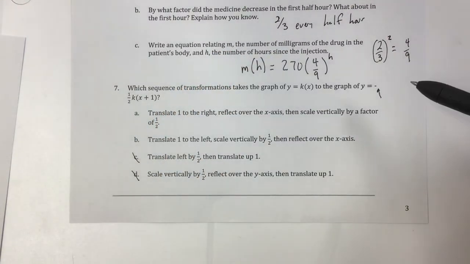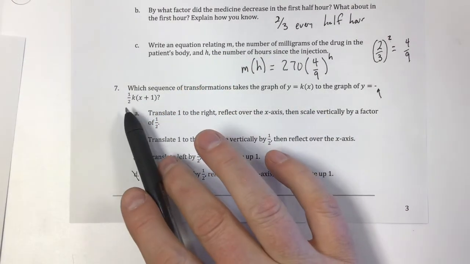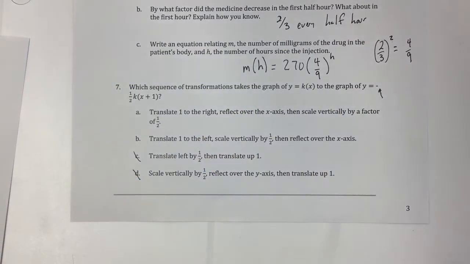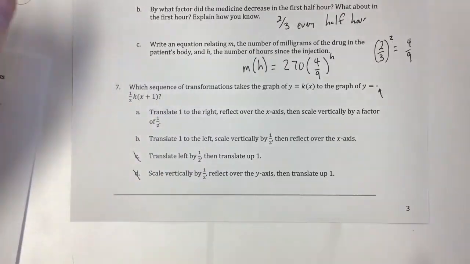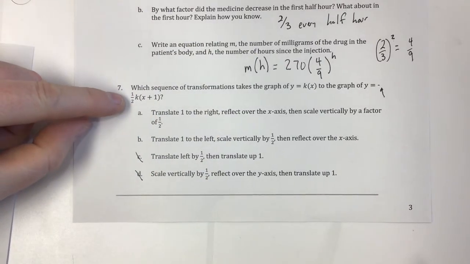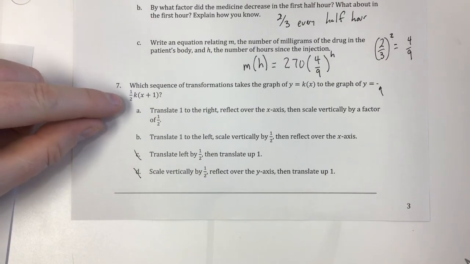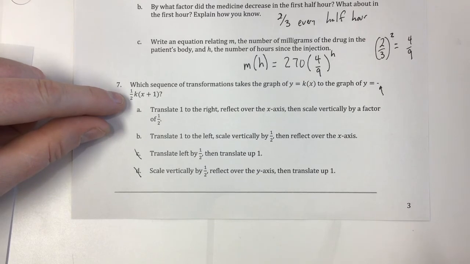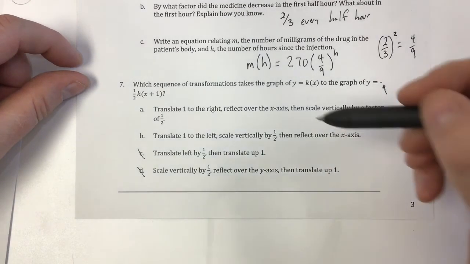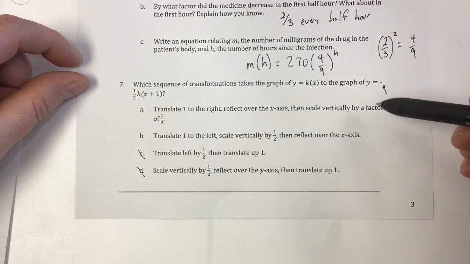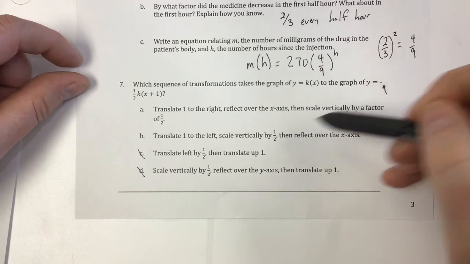Okay? And then that 1/2. That 1/2 is the vertical scale when it's out front, which means that it's either going to be growing or shrinking by that factor. So since it's 1/2, I know it's going to be shrinking, so it's going to be scaled vertically by a factor of 1/2. Well, both of these actually say scale vertically by 1/2, so we're on the right track there.